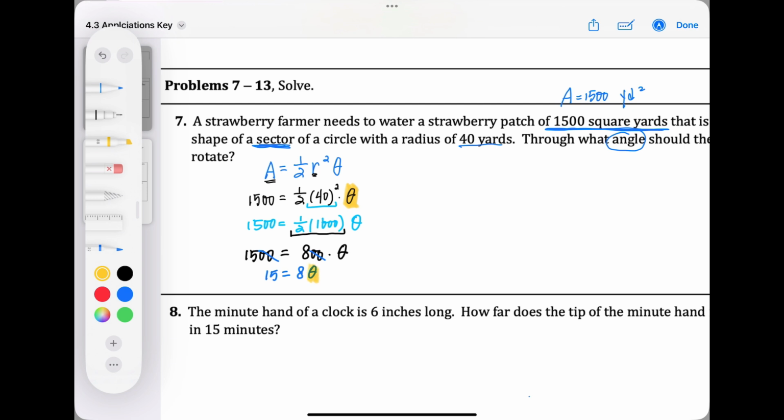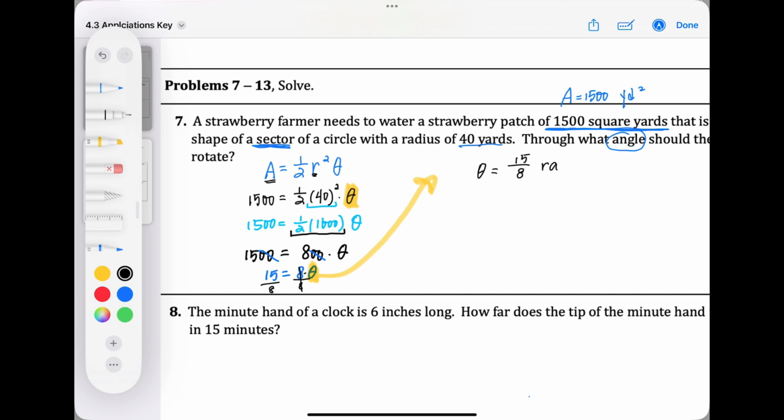Now do not overthink. Our goal is to figure out theta. What does that tell us? Undo times 8. What is the opposite of times 8? That will be divide. On both sides, I'm going to divide by 8. So therefore, my angle theta is equal to 15 over 8.